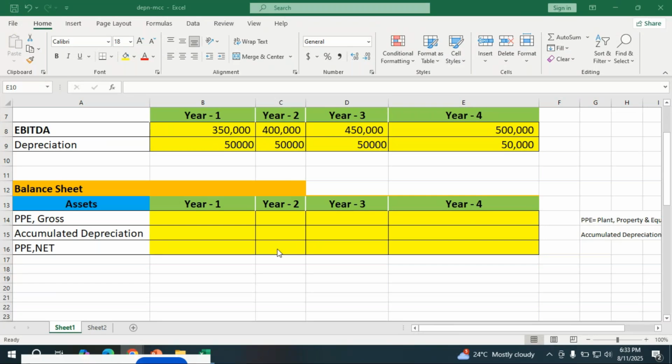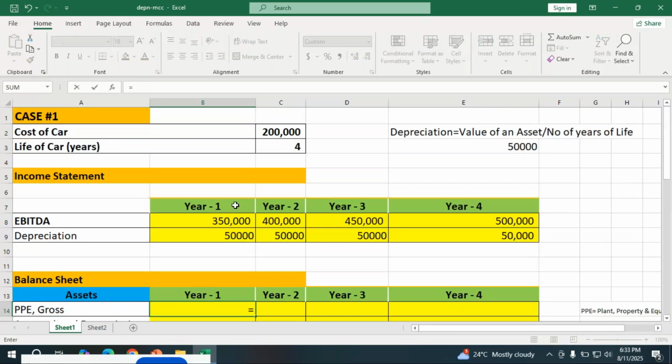The value of the asset is equal to 2 lakh rupees. You can also take the cell reference for the same. Anyhow, you can do it. So put it up like this.